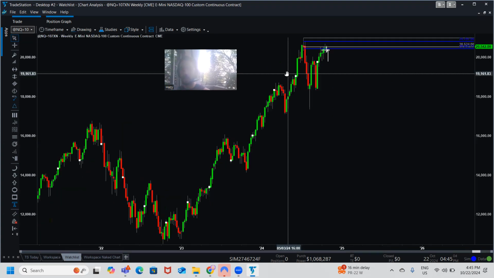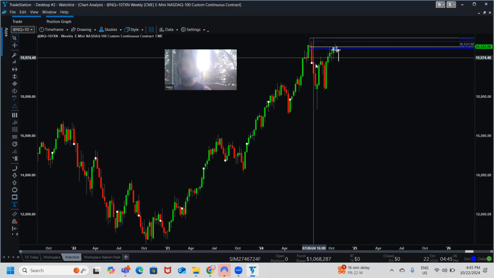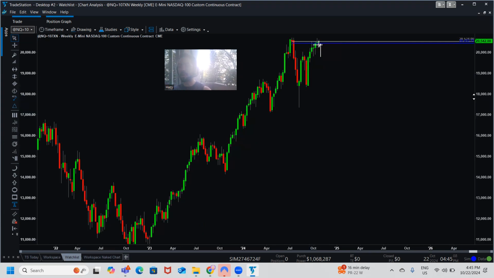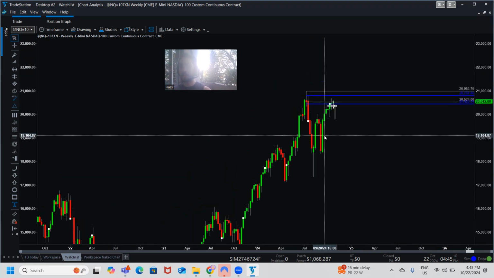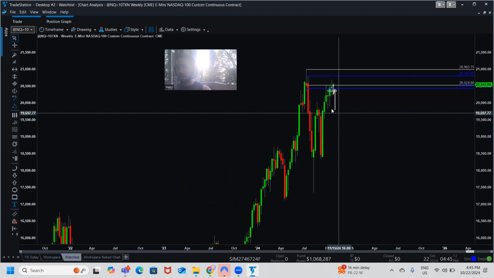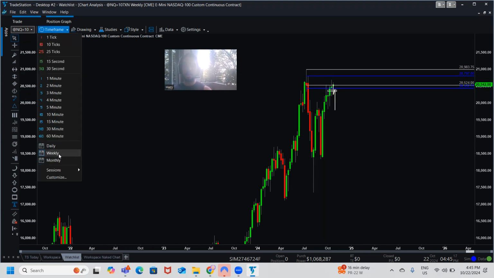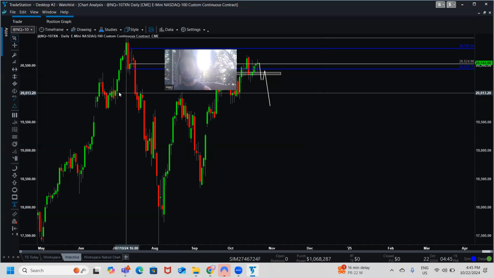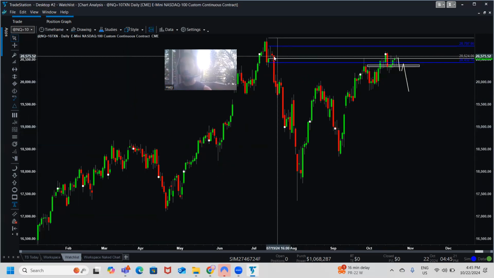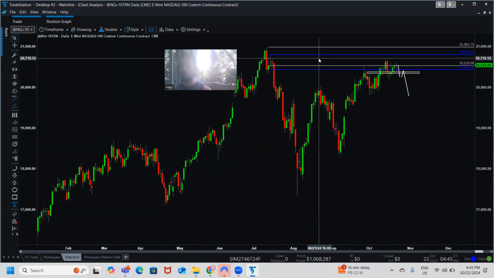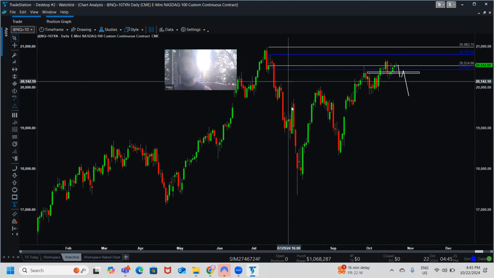So we have here this rally-based drop, represented by the white rectangle. It currently pierced through that rectangle, and now we're inside that weekly and also that daily supply zone, which is this drop-based drop.